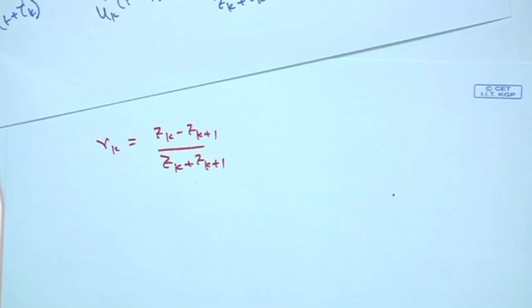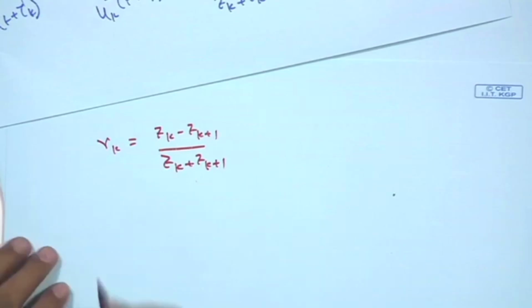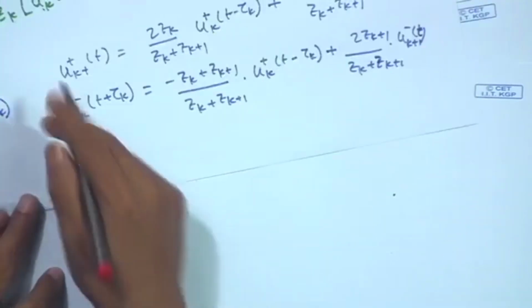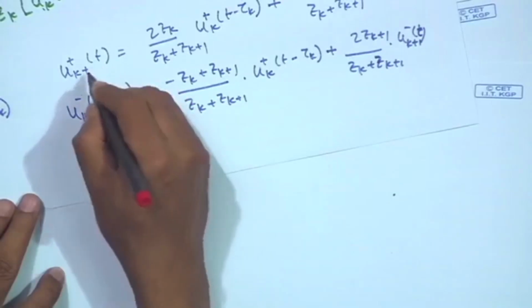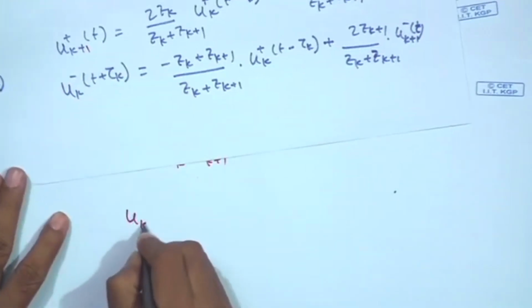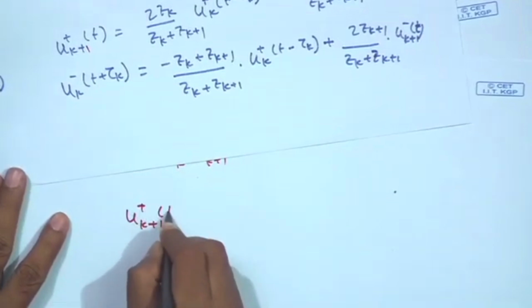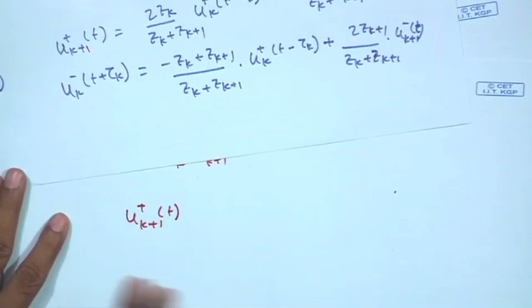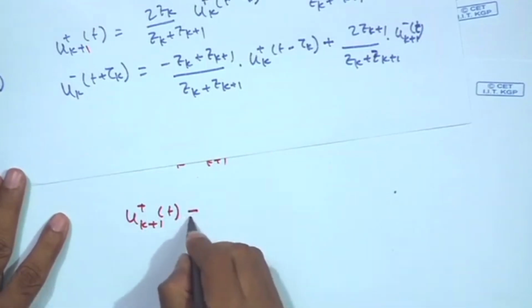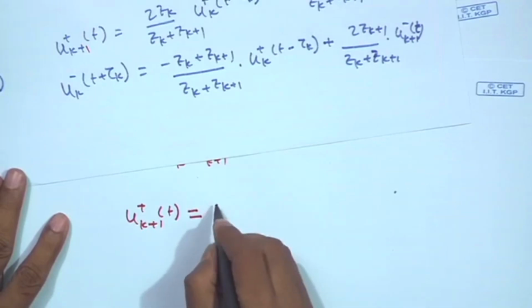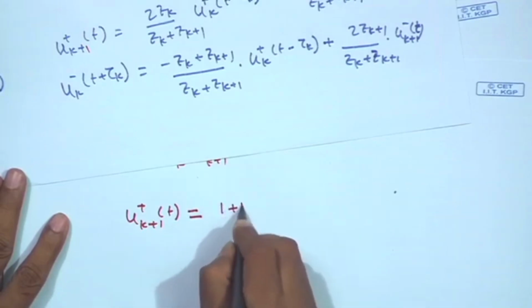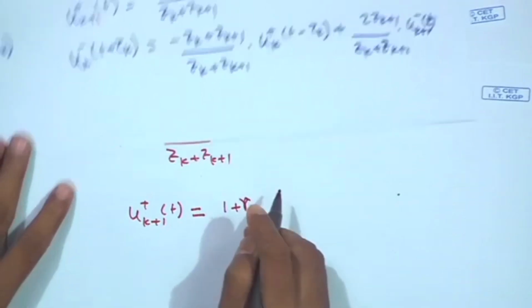If this is r k, then I can say the expression u k plus 1 plus t, the forward wave at the k plus 1 tube, will be nothing but 1 plus r k, this is small r k.